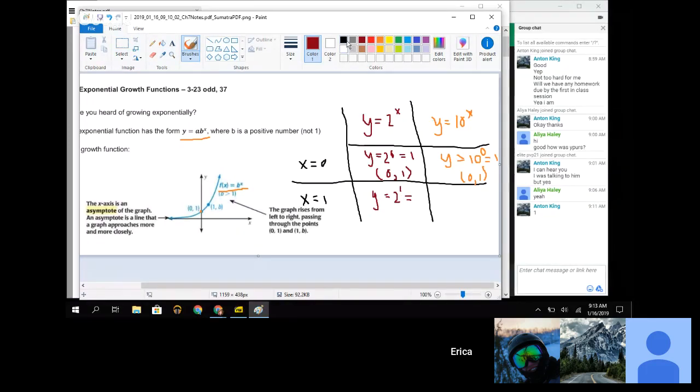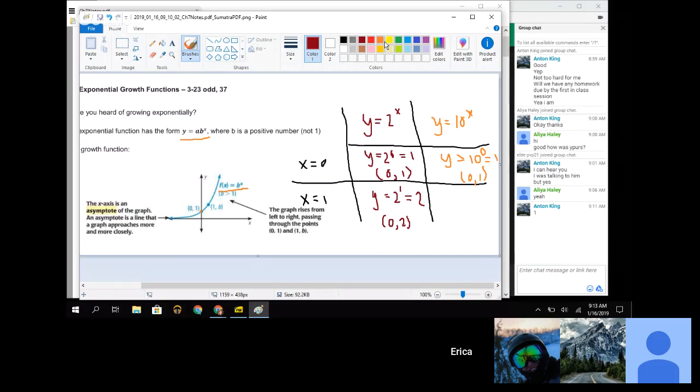So what is 2 to the first power? It's just 2, right? It's 2 multiplied one time, so it's just 2. So my second point here is at 1, 2.